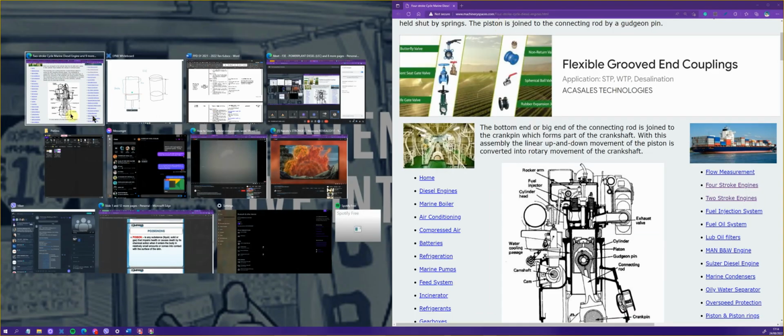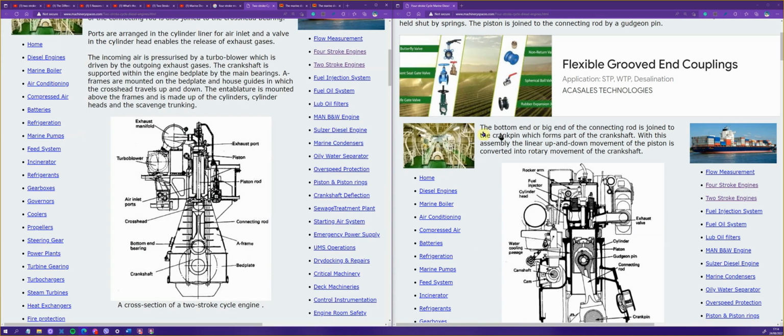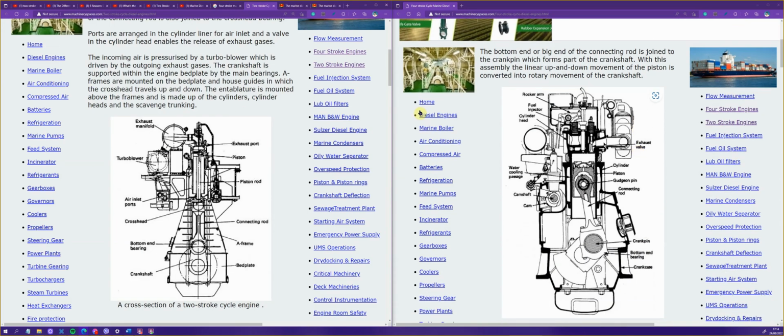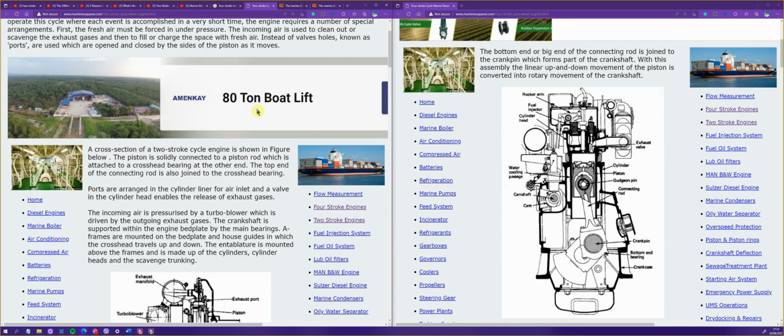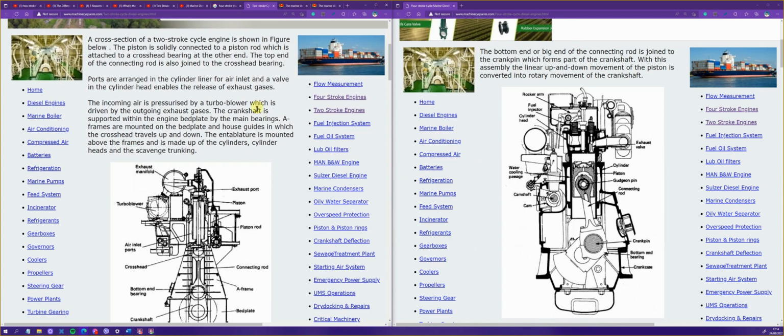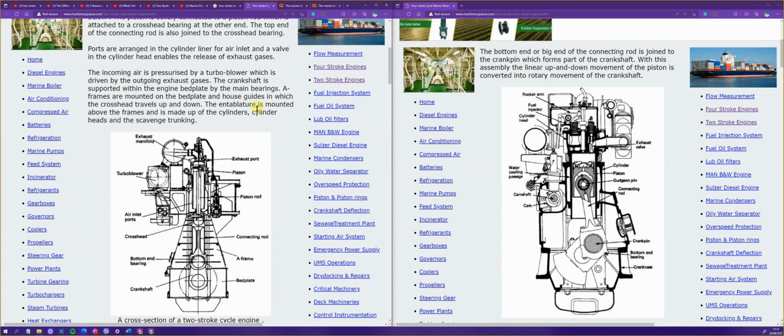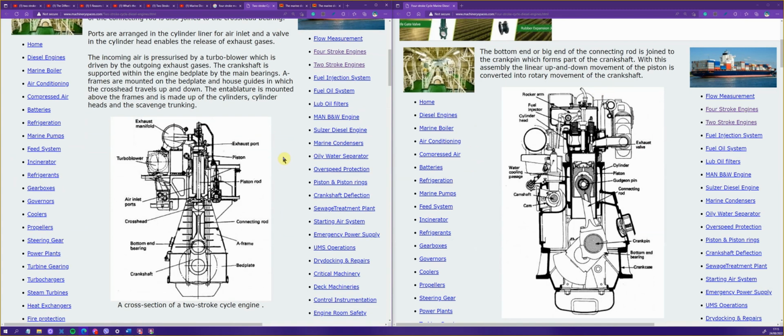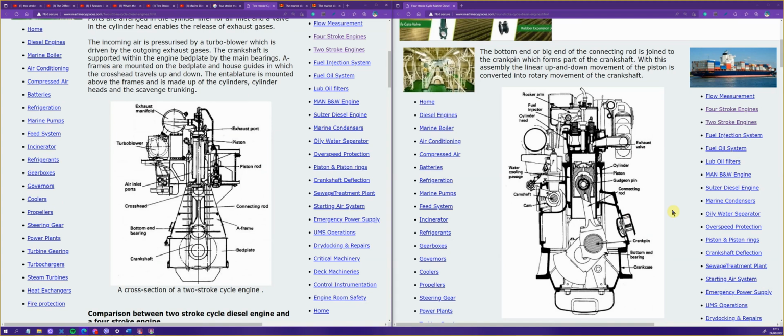Ayan. So, ito yung cross-section niya. Makikita nyo, one of the main defining features ng two-stroke and yung four-stroke mo is sa two-stroke may makikita kang crosshead.